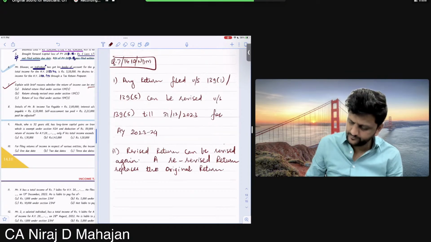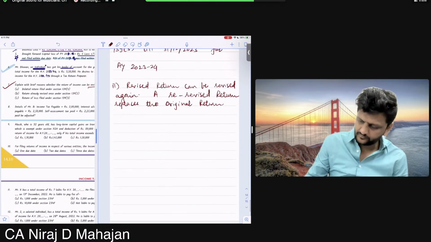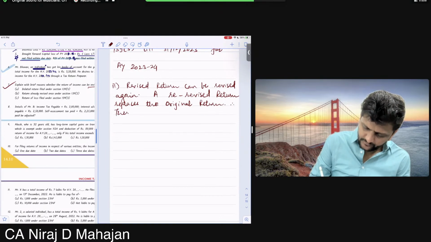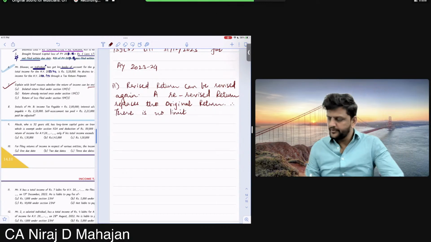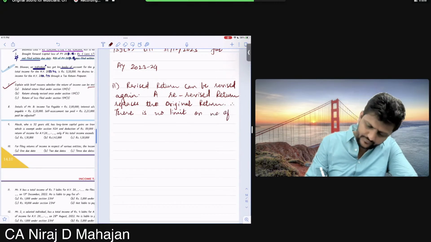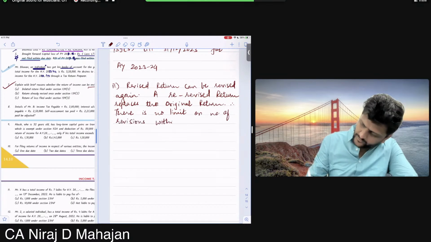Therefore, there is no limit on number of revisions to be made, on number of revisions within the due date.